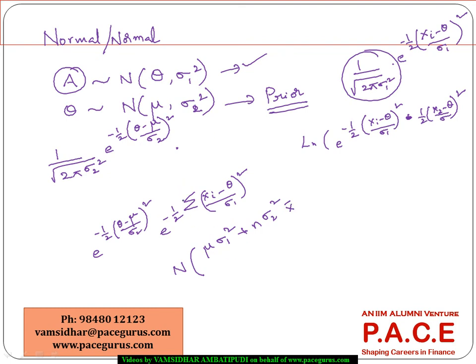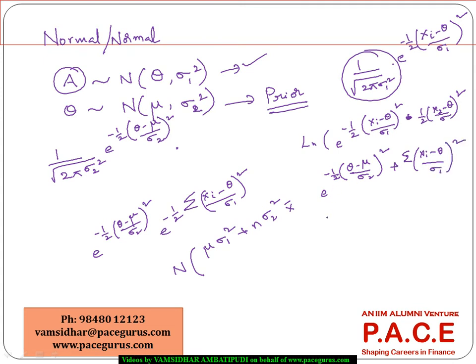Otherwise, let's look at it: e to the power of minus half theta minus mu by sigma 2 whole squared plus summation of x i minus theta by sigma 1 whole squared.